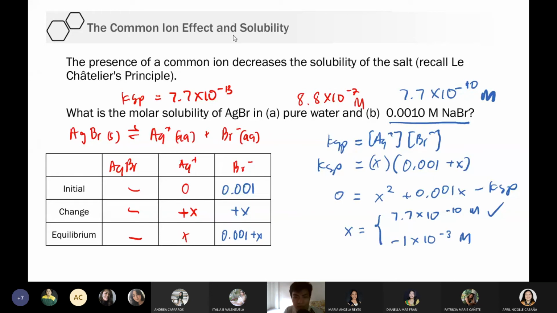So, nangyayari naman doon, when you add diverse ions, it shifts the equilibrium to the right. So, kunwari, naglagay ka ng potassium nitrate, it shifts the equilibrium to the right. It makes your precipitate more soluble. Okay? Yun yung concept doon sa common diverse ion effect or sa salt effect.